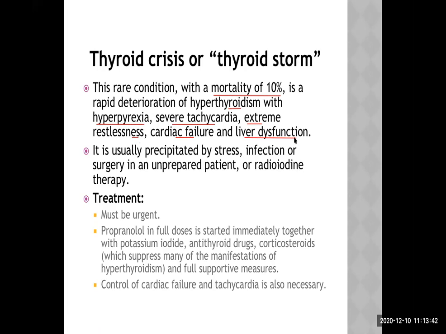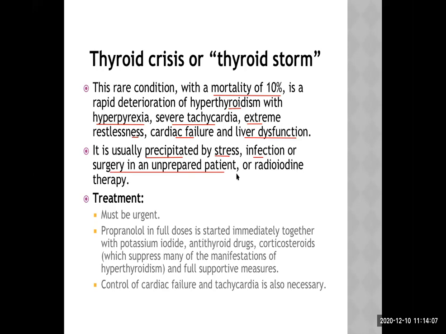Now, why is this happening? So let's talk about it. The person is already having hyperthyroidism like Graves' disease. On top of that, if there are certain precipitating factors like stress, infection, or surgery in an unprepared patient, you have not given any potassium iodide before the surgery, and you start to do surgery, then what happens?